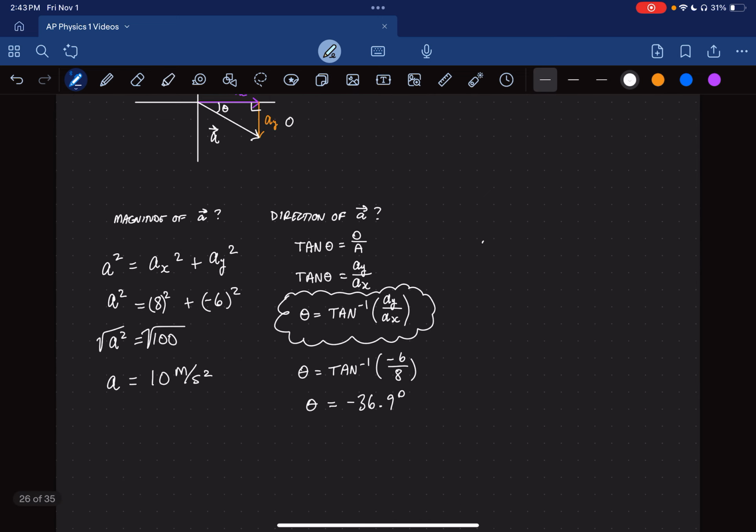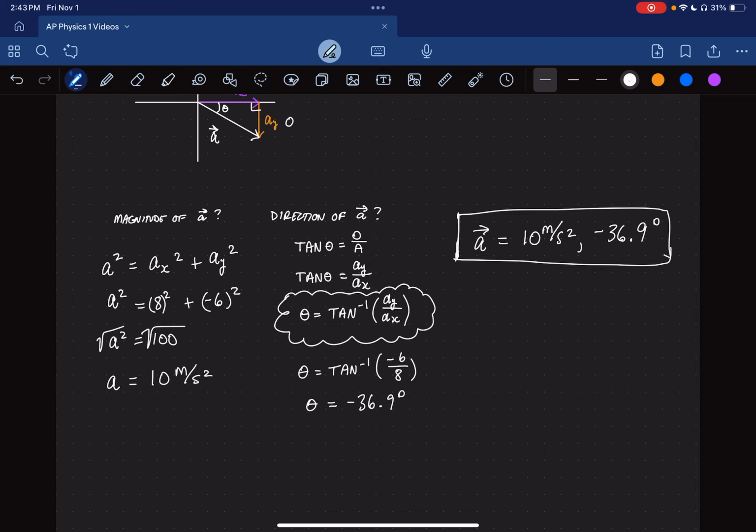Our final answer is the acceleration vector is equal to 10 meters per second squared, comma, the angle negative 36.9 degrees. This is the vector notation. This is our full vector here with magnitude and direction, not just in parts like this.